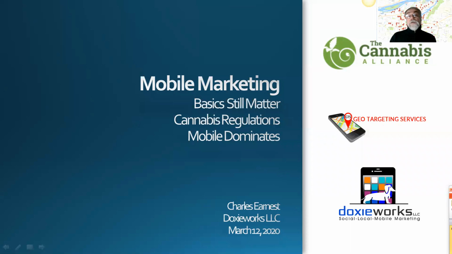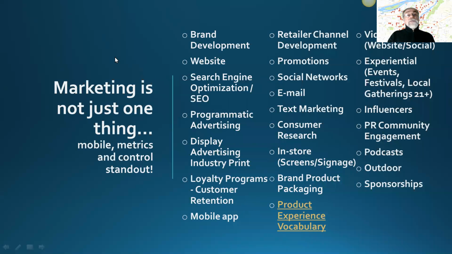So the presentation I put together here is a little bit of what we've observed in the cannabis industry and how the different marketing disciplines have been used and so forth. When you look at this list, it's not just one thing that is involved in marketing a product.